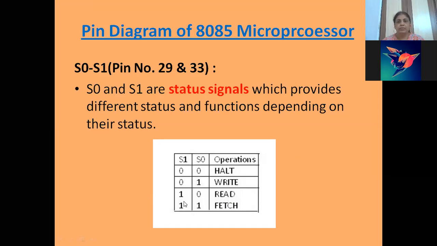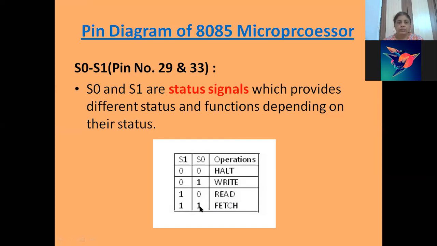Reading means you are reading from an input device, or something is there in the memory and you are extracting it. Or it is an opcode fetch. Your instructions are stored in the memory, so fetching is always from memory. So these status signals tell the operation that the microprocessor is doing right now.